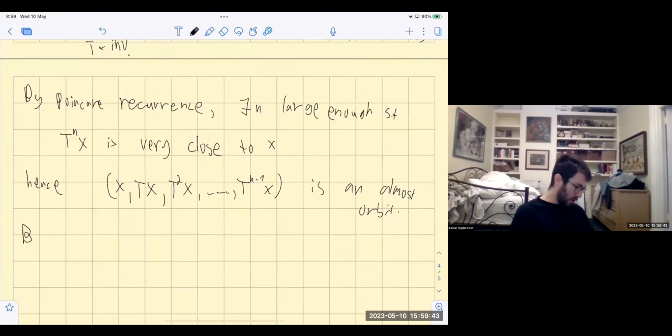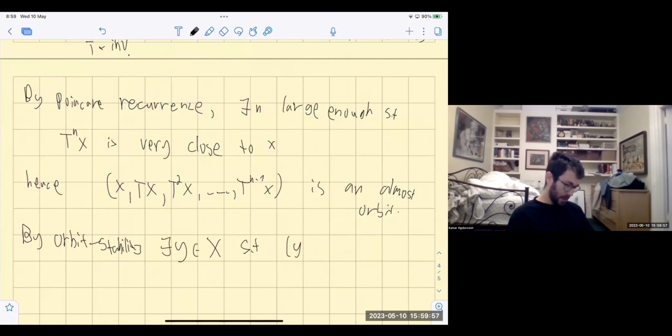Now, by orbit stability, there exists y in X such that y, Ty, T squared y, up to T^(n-1) y.